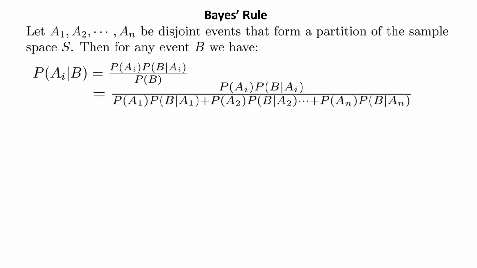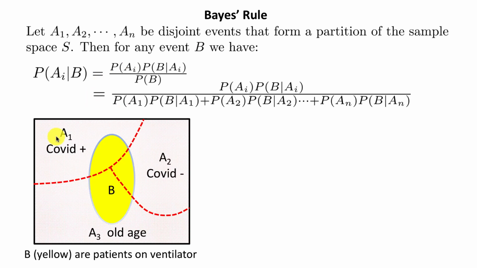To understand this better, let's use a Venn diagram and take a particular example. From that example, we can easily generalize to this general formula over here. So here is an example. Let this be the set of events A1, this the set of events A2, this the set of events A3.